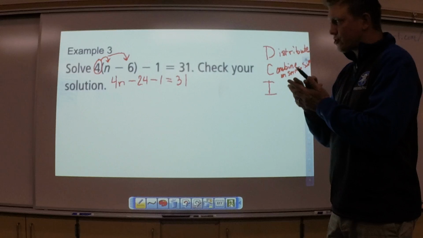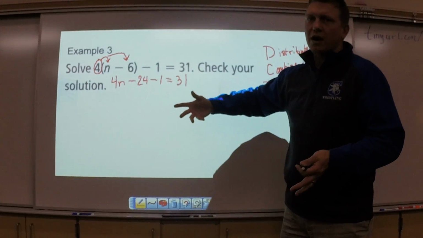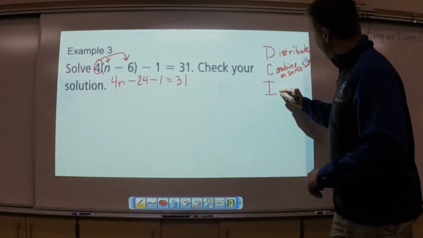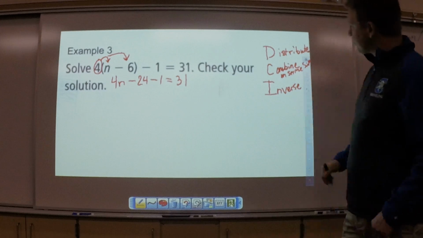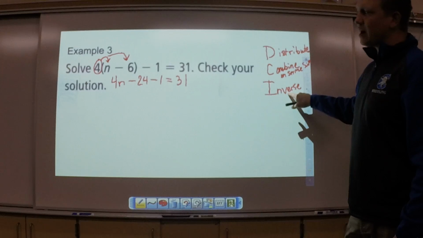You don't combine like terms if they're over here, right, that's why it could get more complicated. It could get more challenging in the future. And then very last, I do inverse operations. Distribute, combine like terms, do the inverse operations.